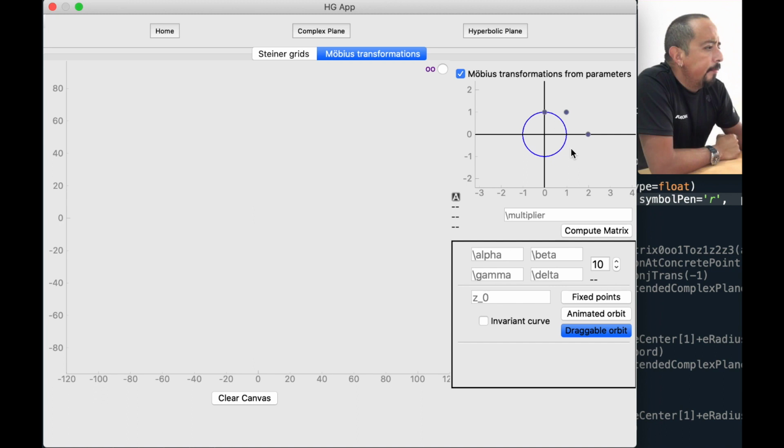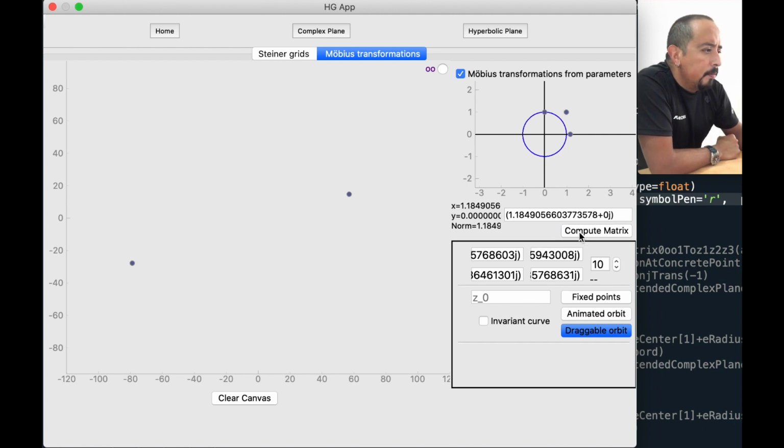Let me start with a hyperbolic case, where it's conjugate to multiplication by a positive real number different from 1. So let me choose it somewhere around there, and let's choose the two fixed points here and here.